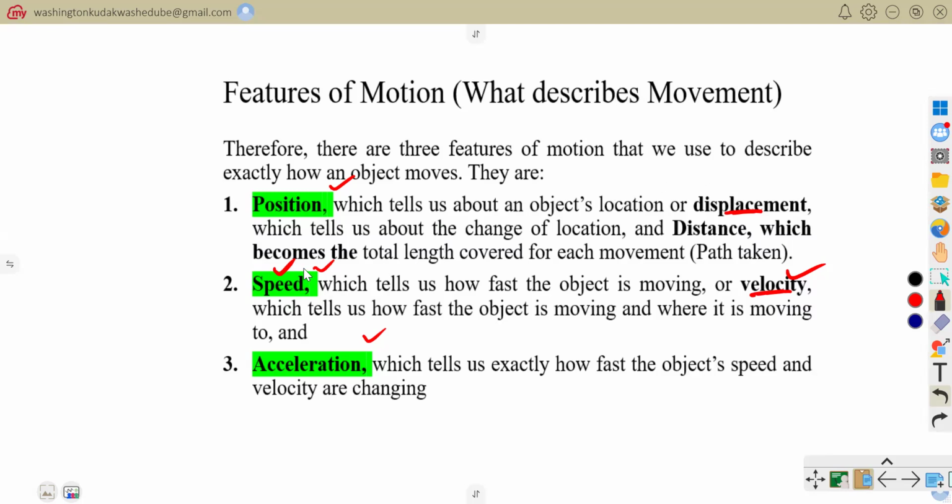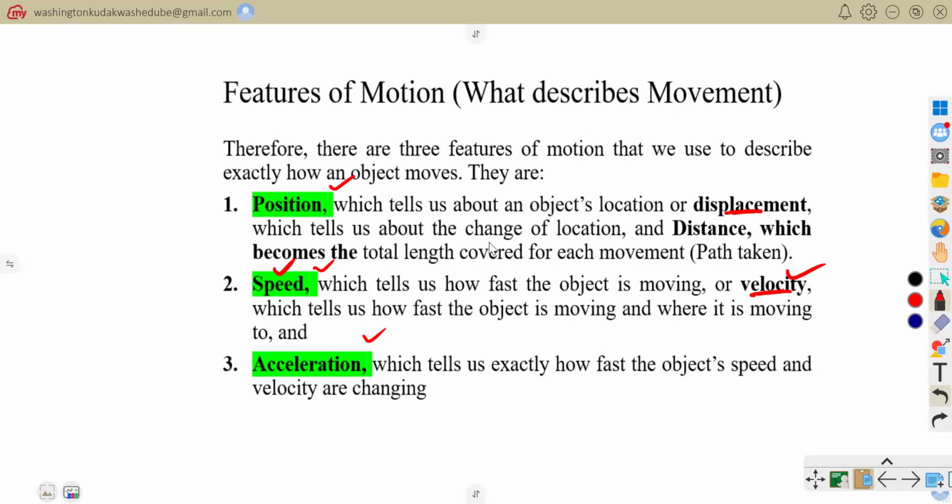Or you might describe the movement of Cosmo in terms of the speed, the total time he took to move from his house up until he reached school. It tells you how fast he was moving. Or at some point in time, you might describe it in terms of what? Of how fast the speed is changing, which is, was Cosmo speeding up or was he slowing down?